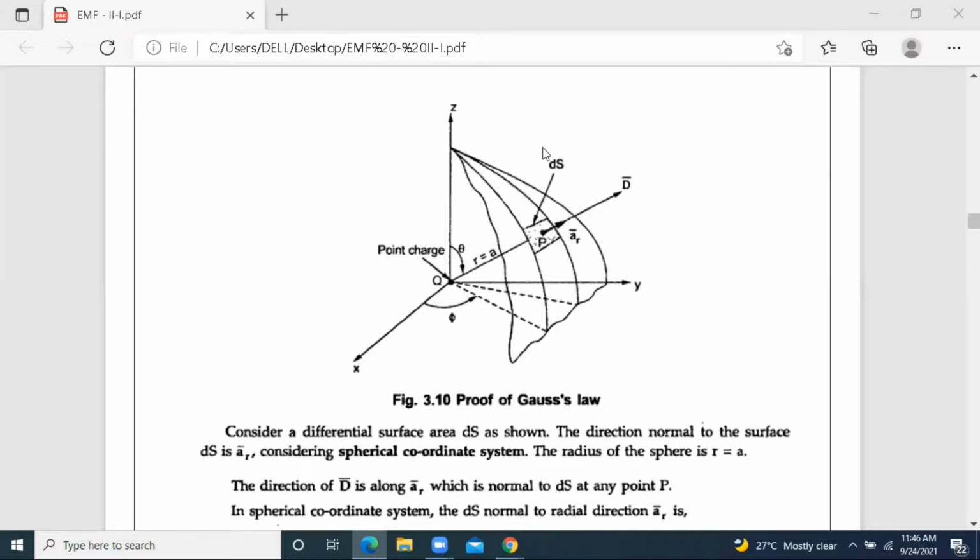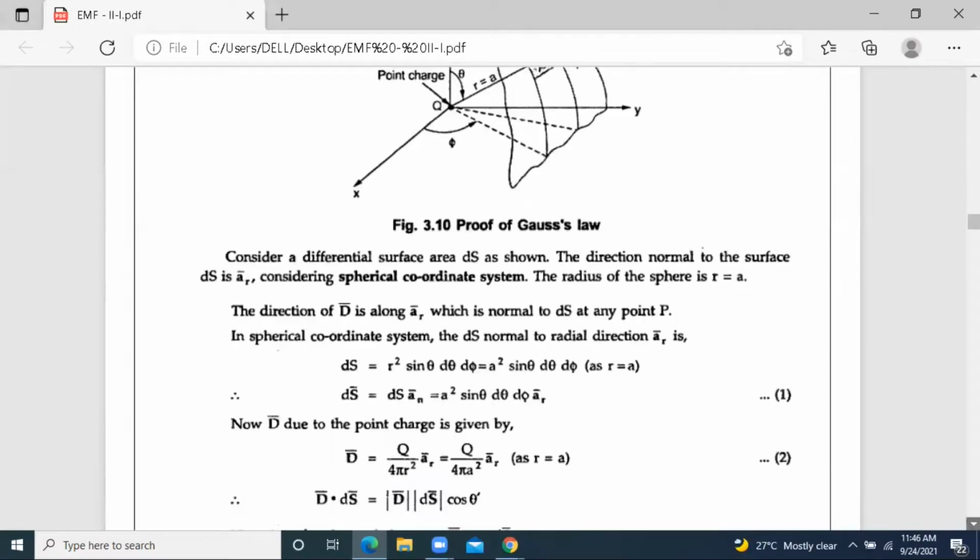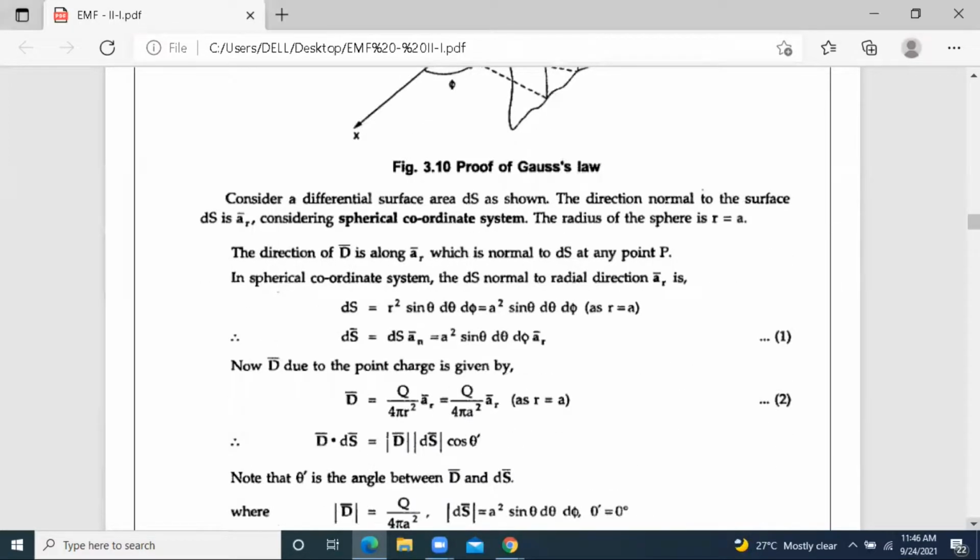Okay. So for the point charge at the origin, we choose the spherical coordinate system.